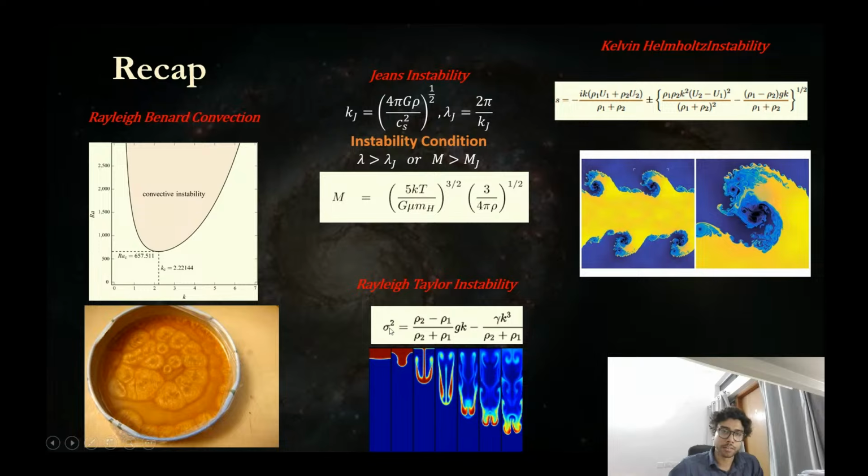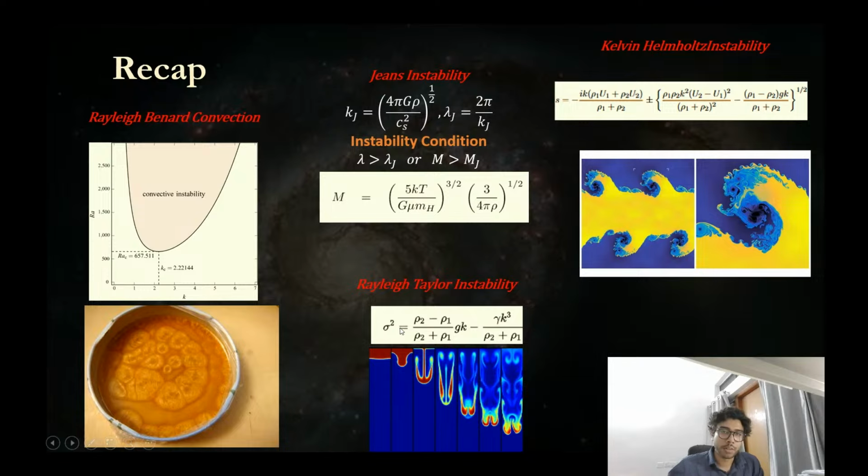For example, the sigma is basically, if you remember, we represented all these physical quantities like velocity or density as some wave functions, which are rho, something like f hat e to the power of i sigma t plus kx. So the i sigma t, that is the sigma, right?